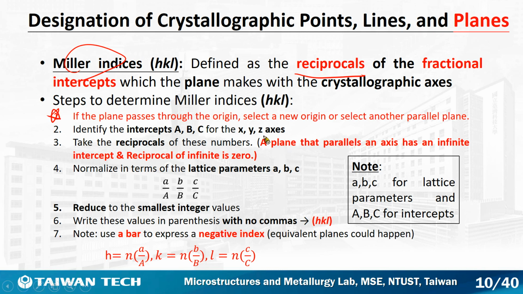And then we try to identify the intercepts A, B, C. We use capital A, capital B, and capital C for XYZ axis. And then we take reciprocal of these values. So for A, it will become 1 over A.